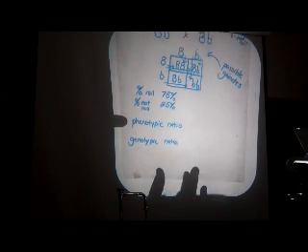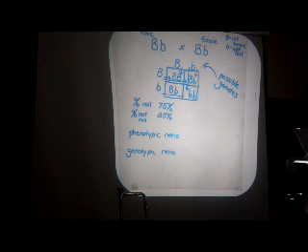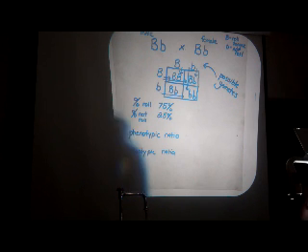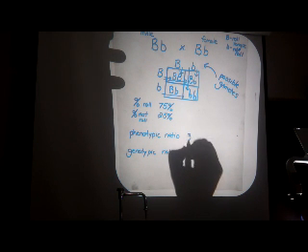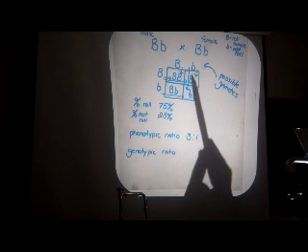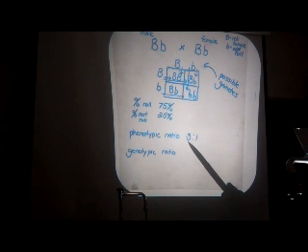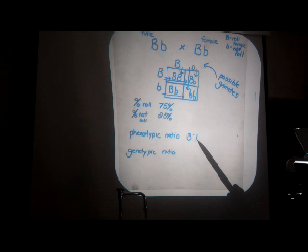All this is saying is, what is your ratio of people who can roll their tongue and not roll their tongue? 3 to 1. How did I get that? Because 3 of the 4 boxes can roll their tongue. 1 out of the 4 boxes cannot roll their tongue. Phenotypic ratio, 3 to 1.